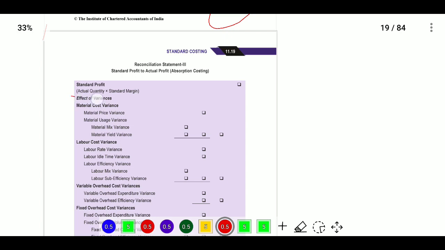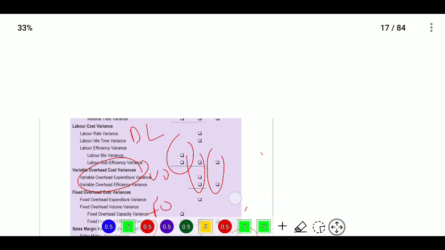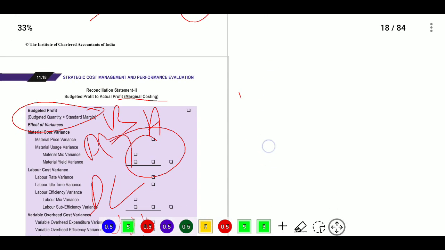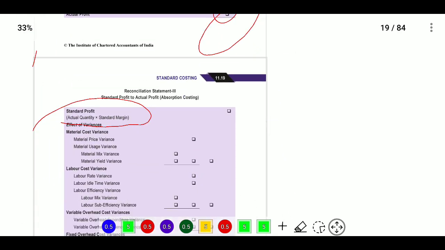Next, they provided absorption costing, the third one. Here we see actual quantity into standard margin. In the first one we are going from budgeted profit to actual profit, so we have taken budgeted quantity into standard margin. In the third statement we have standard margin with actual quantity, going from standard profit to actual profit.